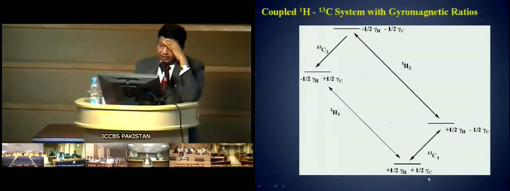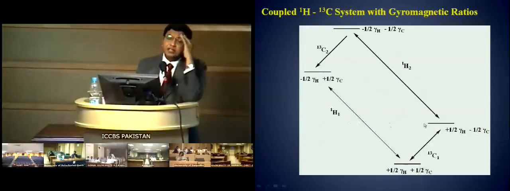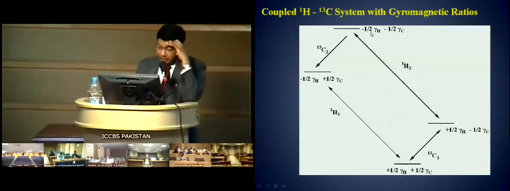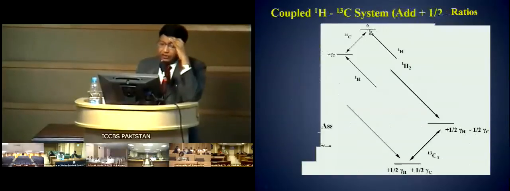We add a factor plus half gamma H and plus half gamma C. This becomes 1 gamma H and 1 gamma C. This becomes what? Gamma H, and this becomes gamma C, and this becomes 0. And this is a very simple version.